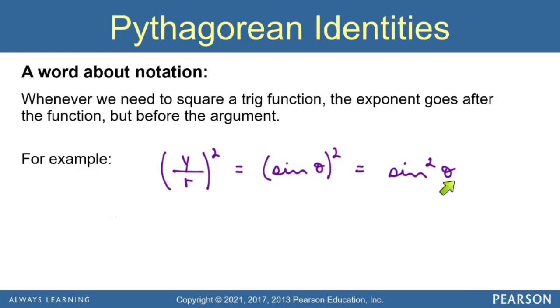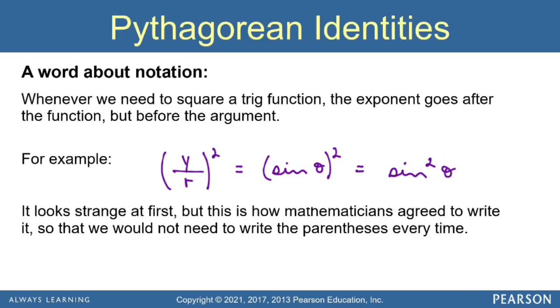And so we always see it written this way, sine squared theta. But it means this. It means find the function value of the angle and square that function value. But we always write it this way. I know it looks strange at first, but this is how mathematicians agreed to write it. And again, it just keeps us from having to write the parentheses every time.